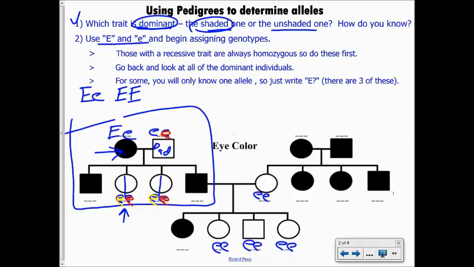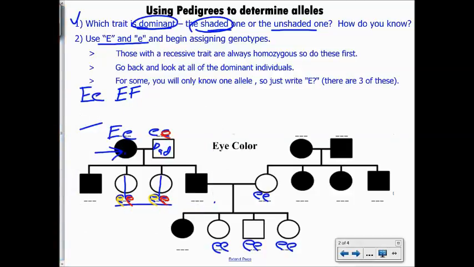as doing a Punnett square. In fact, you don't even have to do a Punnett square, and you could probably guess as to what these are going to be. If mom is big E, little e, and dad is little e, our combinations are big E, little e, little e, little e, big E, little e, little e, little e.